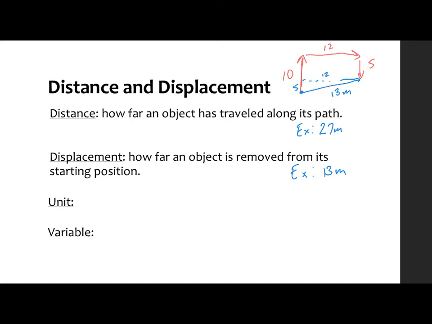But the distance is how far you actually traveled physically, going around obstacles. But displacement avoids obstacles. It goes the straight line path from start to finish. All right? But in most of the scenarios we look at, distance and displacement will mean the same thing when only traveling in a straight line.